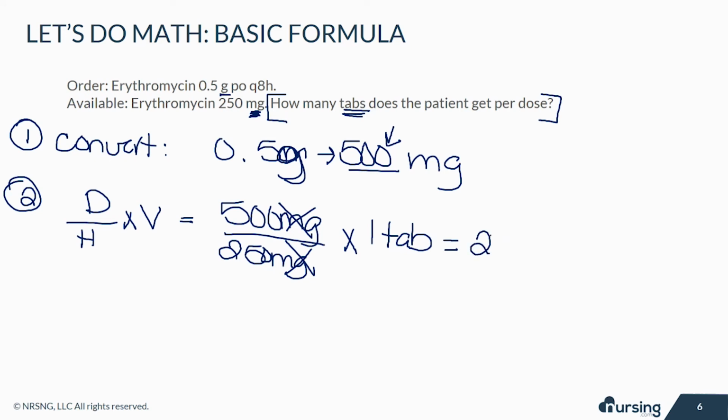Don't forget to go back to the question and make sure you answered it all, and make sure that you labeled your answer. If all you did was leave this at 2, you're going to get the answer wrong. What you want to make sure that you do is label 2 tabs, and that should be your answer. Easy peasy, right? Let's try another one.